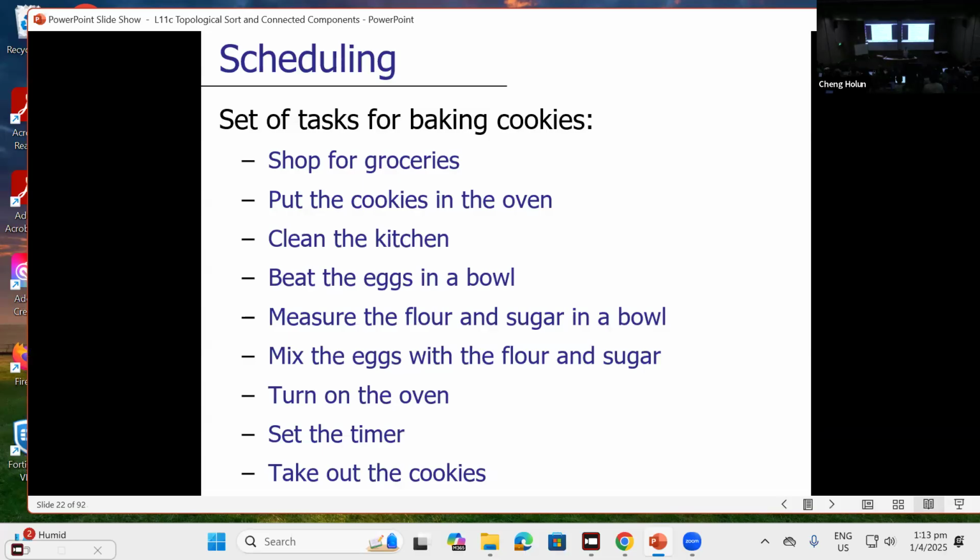Okay, so this is another topic, but this topic is easy, so that's why I just chip in here. This is not only about baking cookies. This is actually your running schedule for how to solve a big engineering problem. Later you will understand why. For example, these are the tasks I need to do to bake cookies.